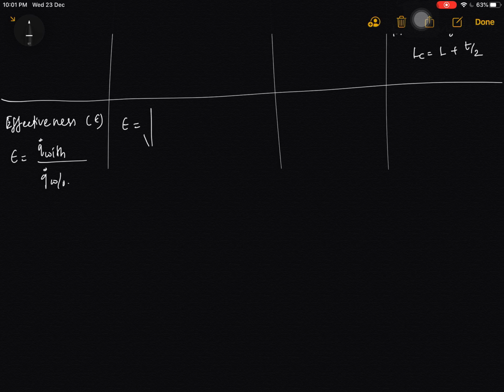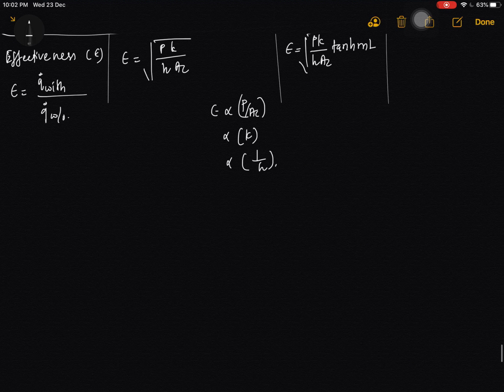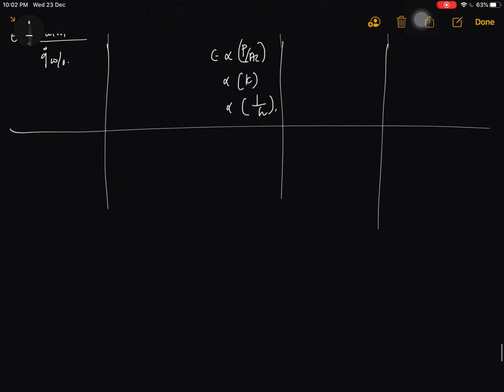For the infinitely long fin this effectiveness is given by the equation root of hP by kAc, and for the insulated tip condition we have the effectiveness as root of hP into kAc into tanh mL. See, the effectiveness is proportional to P by Ac, and is also proportional to k, and is also proportional to 1 by h. Okay, and that's all about the effectiveness.